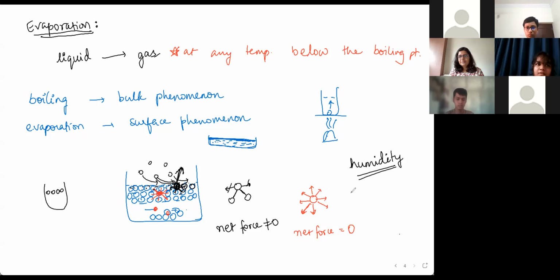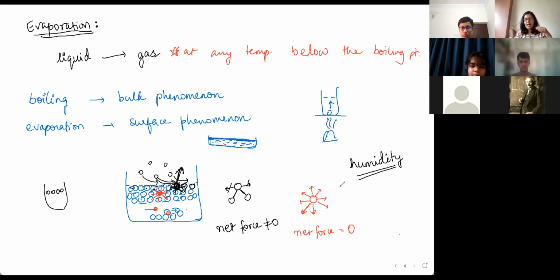I think it's the amount of water molecules suspended in air. Yes, it is how much water you have in the air in the atmosphere. That is basically humidity. So if humidity is more, if you already have a lot of molecules of water in the air, what do you think will happen to evaporation? Will you have greater evaporation or lesser evaporation?